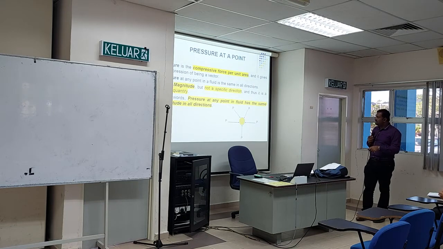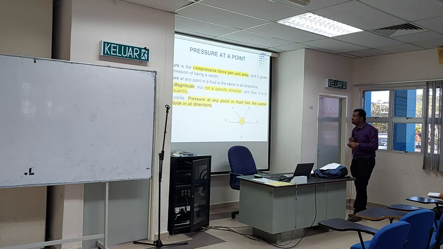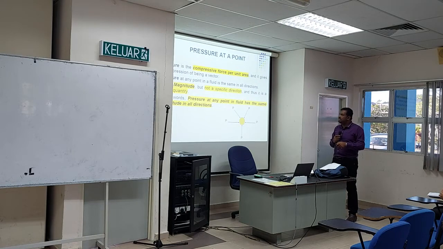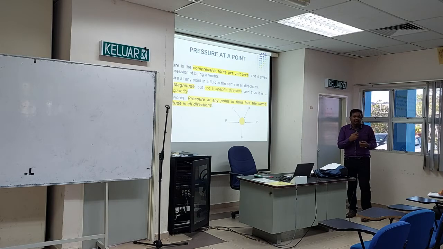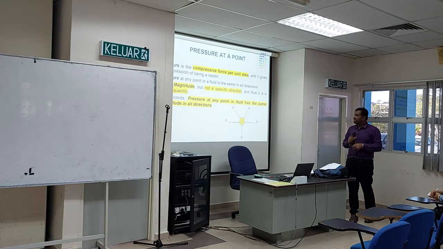So it's a compressive, so that the pressure will be going in, bukan keluar. So it has a magnitude but not a specific direction. Walaupun pressure ni kita consider as a vector, tapi in real life it has a magnitude. Maksudnya pressure itu ada nilai, tapi tak ada specific direction.